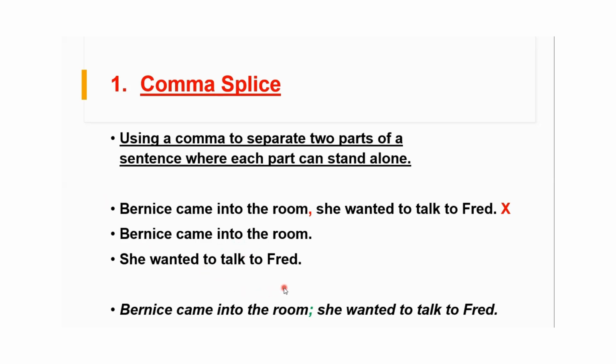So you cannot use a comma to separate two full sentences. You need a semicolon, or you add a conjunction. So a better way to write it would be, Bernice came into the room; she wanted to talk to Fred. So avoid comma splices and you're ready to go.